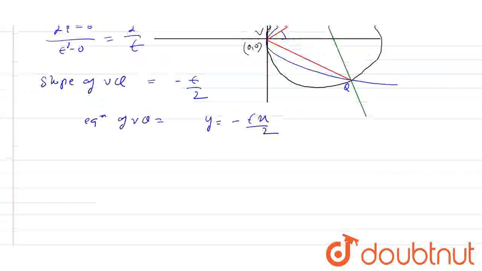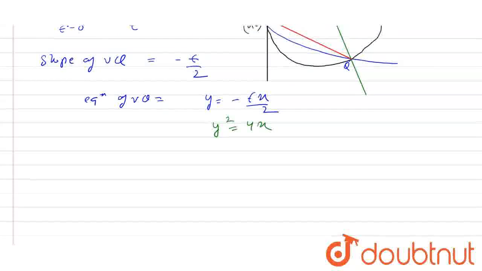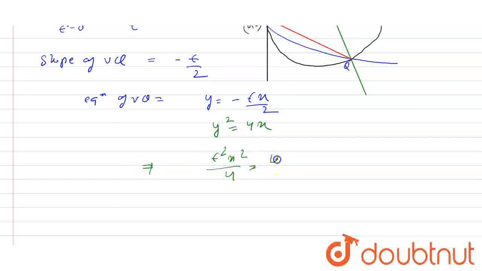Now you can see that this point Q lies on the parabola and on the line VQ as well. So we will find the point Q. Parabola is y square is equals to 4x. So from here we get t square x square upon 4 is equals to 4x.